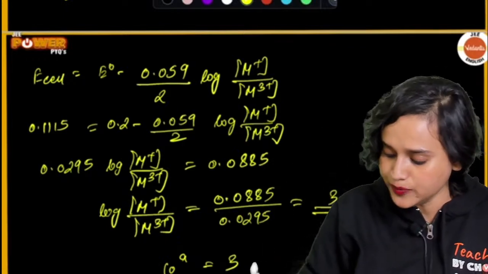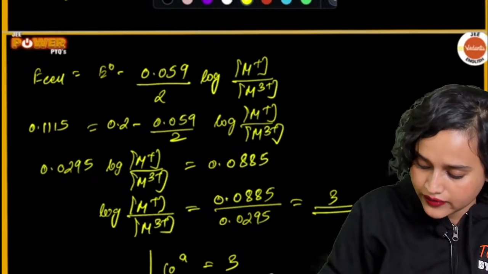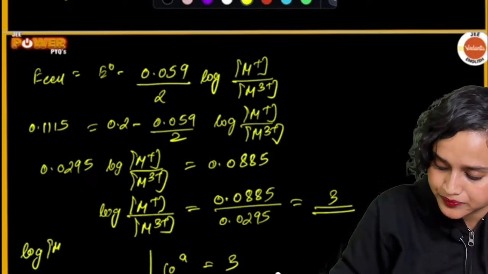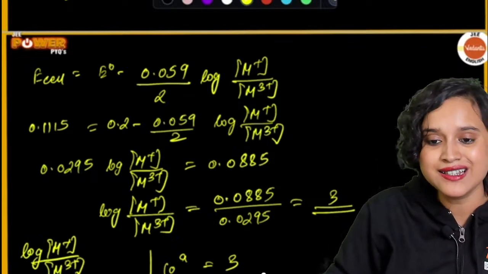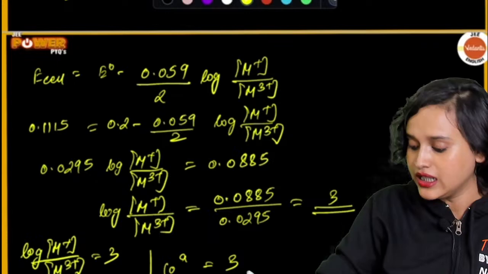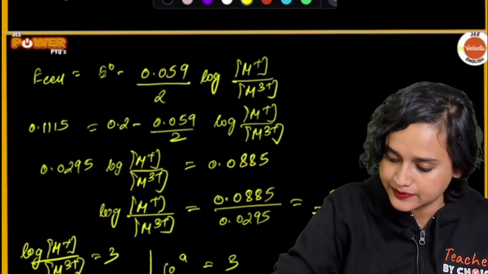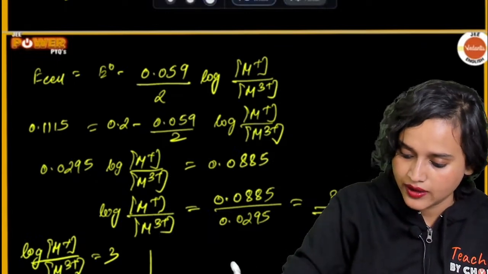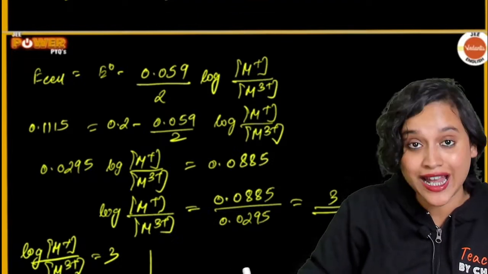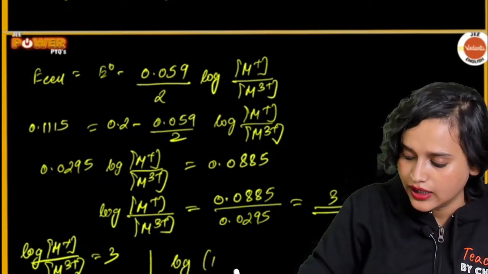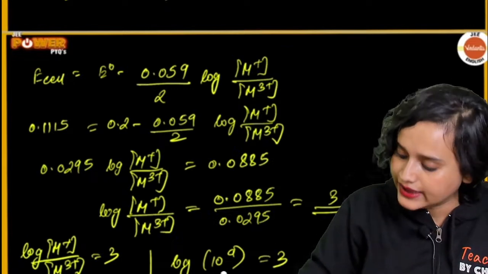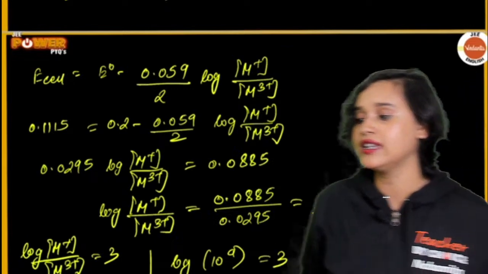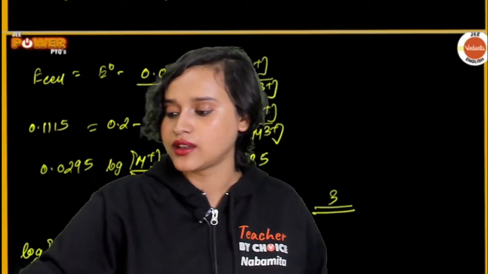Because we are also given that M plus divided by M3 plus is equal to 10 to the power a, so log 10 to the power a is equal to 3, and that means that a is equal to 3. So that is your answer, everybody.